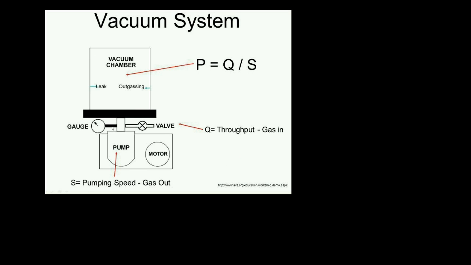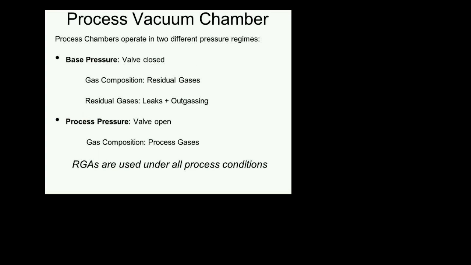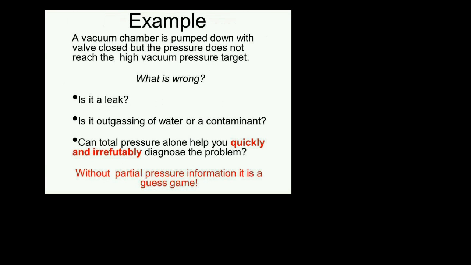We close the valve, we start the pumps, and we start pumping down. And suddenly we realize that after our typical amount of time that we wait for the system to hit its target pressure, it's still not there. We have not been able to achieve that target pressure. So all we know at this point is the pressure is higher than we want.